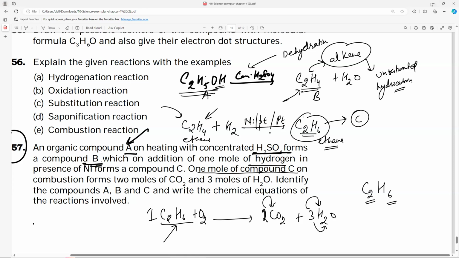Just a minute, sir. So compound A is 2 carbon alcohol.